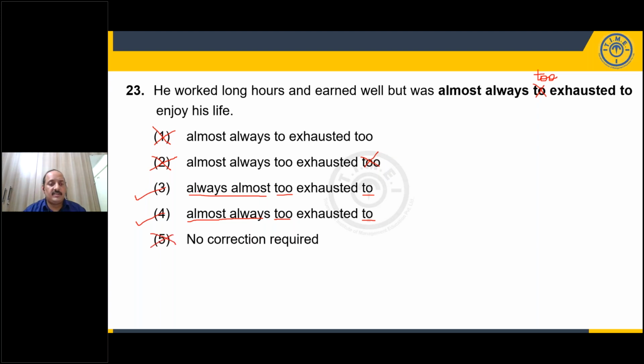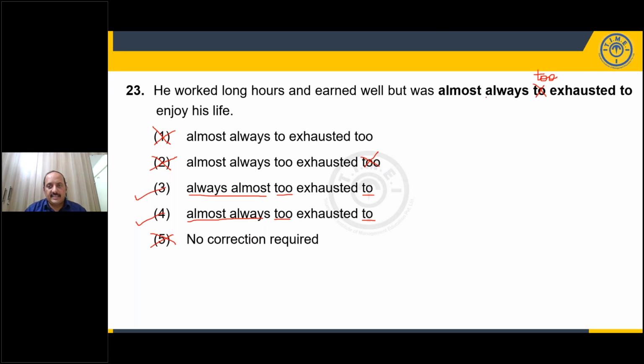Now the only difference between 3 and 4 is the position of always, almost. So in 3 it is always, almost. 4 it is almost, always. Now, when I say he is always too exhausted, that means it's a regular occurrence. It happens on a daily basis, and almost always, it's like if I take it on a scale of 1 to 10, 9 out of 10 times he's always exhausted.